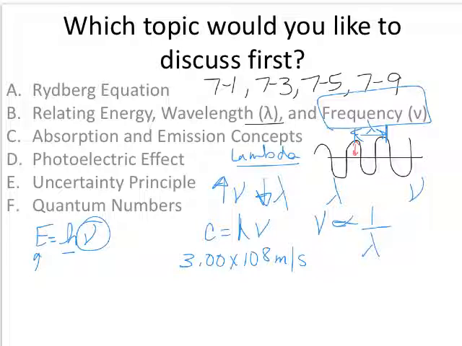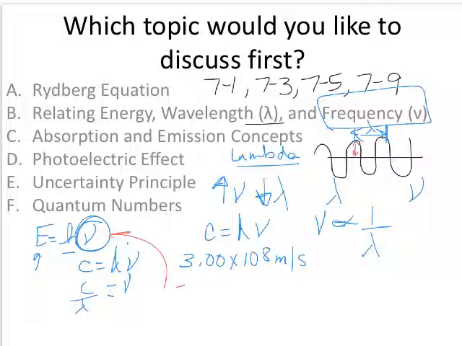What I always do, since I already memorized c equals lambda nu, is solve in terms of nu. So nu equals c divided by lambda, and I just plug that in.